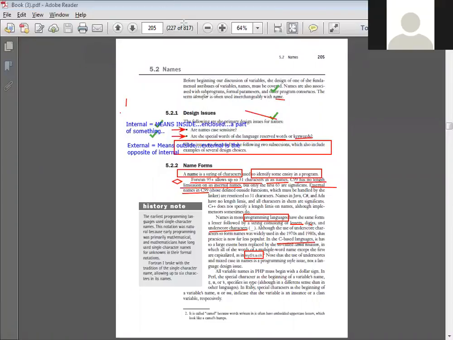There's one capital letter there, the capital S in myStack. So you must note that the use of underscores and mixed case in names is a programming style, not a language design issue.